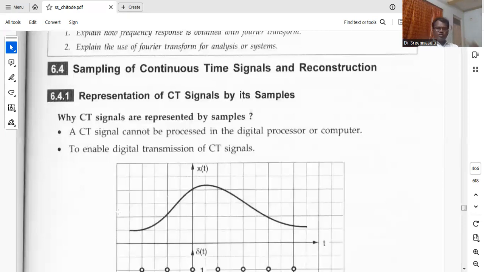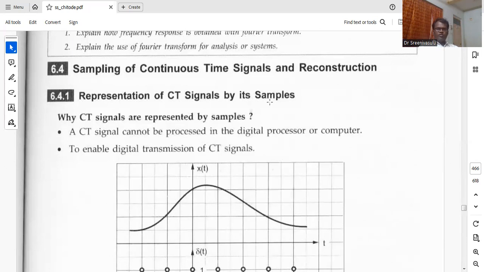So, now the technology is entirely digital, but the available signals are in continuous time. So we need to convert any available continuous time signal for discretization.